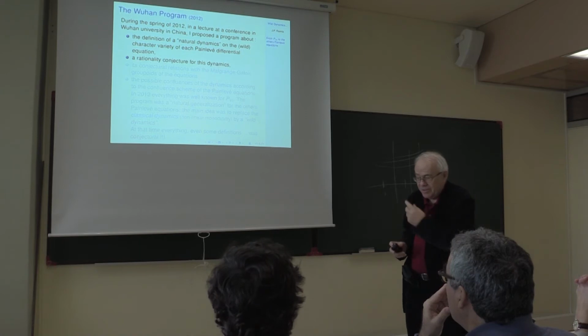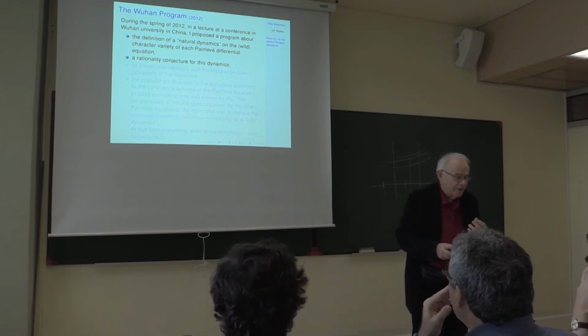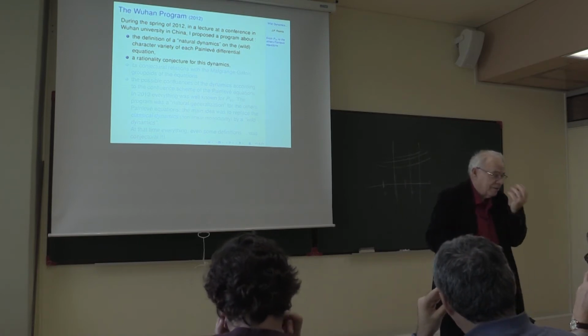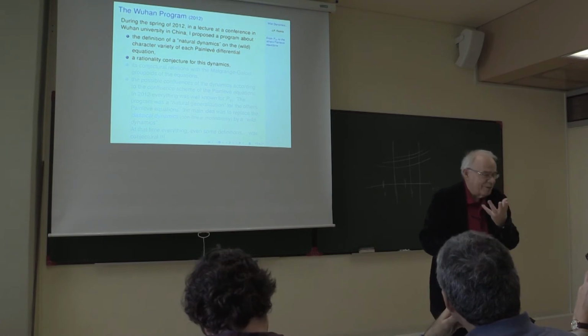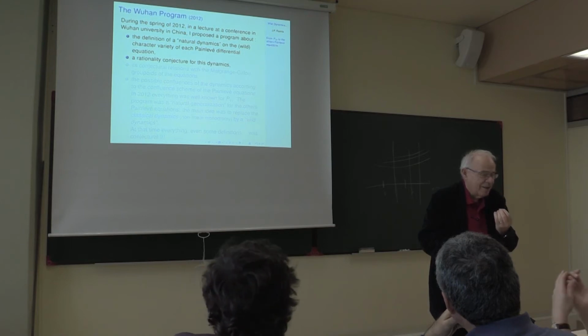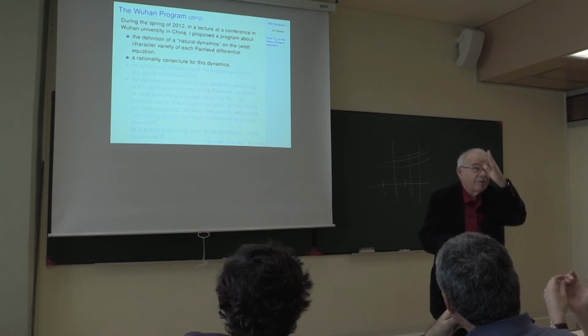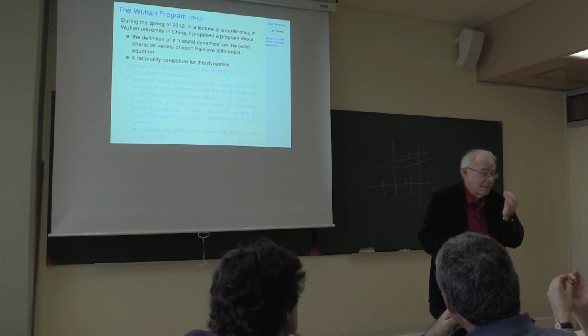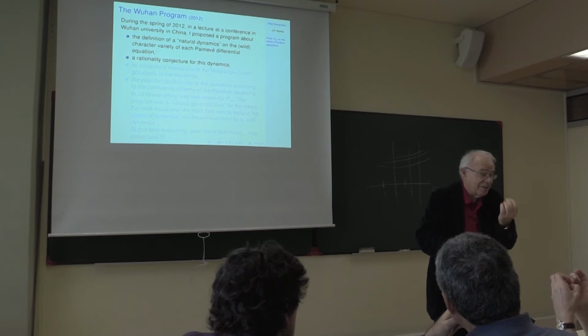And as I will describe later, if you dream of the existence of such a dynamic, for reasons that I will explain in more detail later, this dynamic, if you look on the cubic surface, is local at some point. So you get a nonlinear local dynamic on the cubic surface.